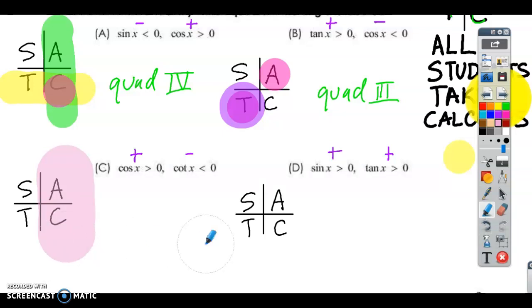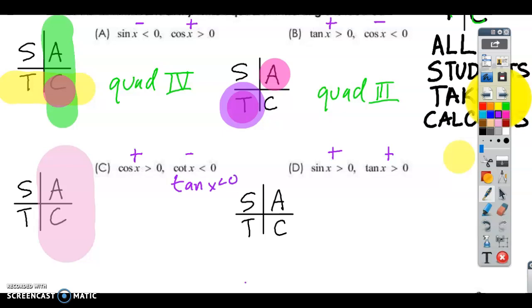Second piece of information, the cotangent is less than 0. Well, cotangent and tangent are going to have the same sign, because they're just reciprocals of each other. So the first thing I'm going to do is write: where is the tangent of x less than 0?